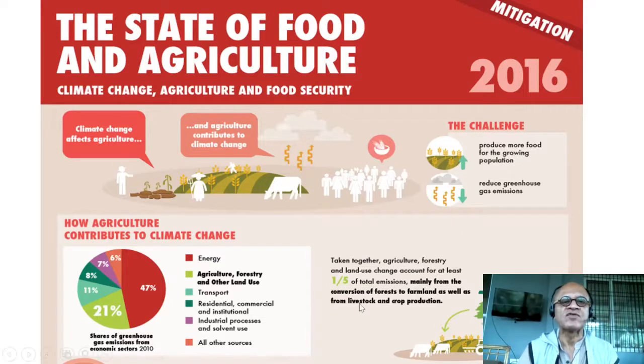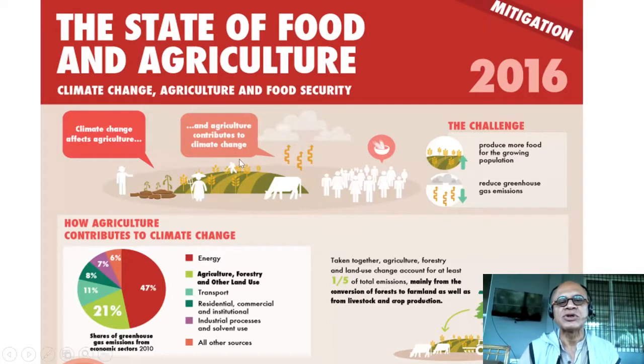Again, from FAO, if you look at the state of food and agriculture in terms of climate change, agriculture, and food security for 2016, we have seen these numbers already, but let's just mention them again. Climate change obviously is affecting agriculture fairly seriously, raising serious issues of food security in terms of access, equities, nutrition, utilization of food, body's uptake of nutrients, and so on.